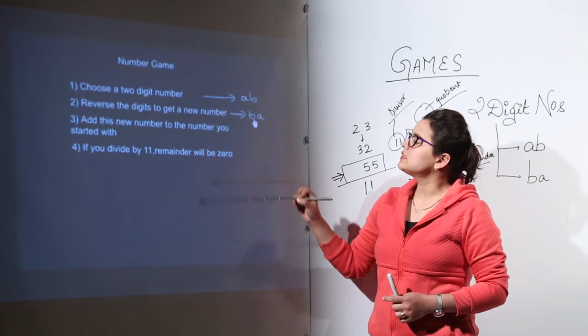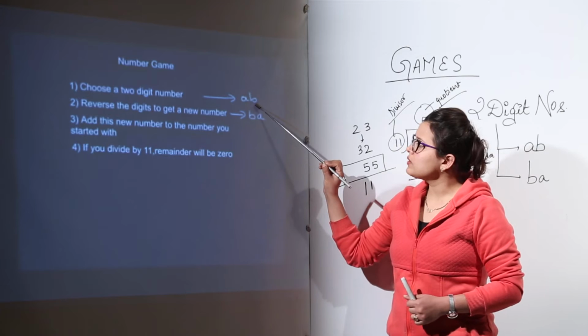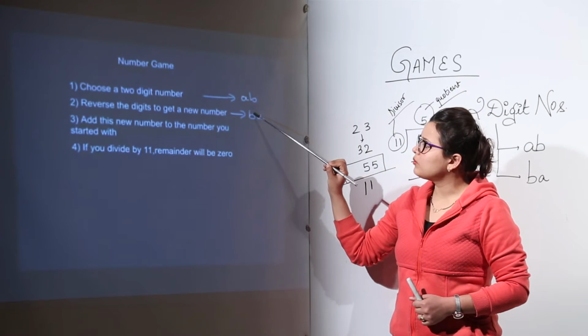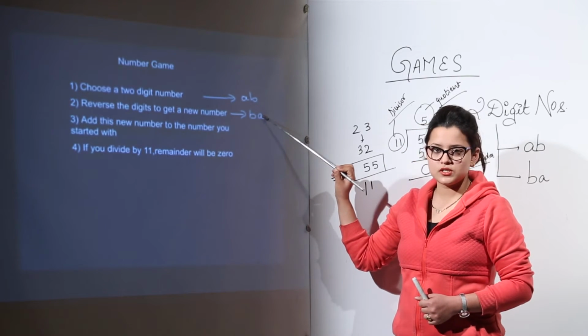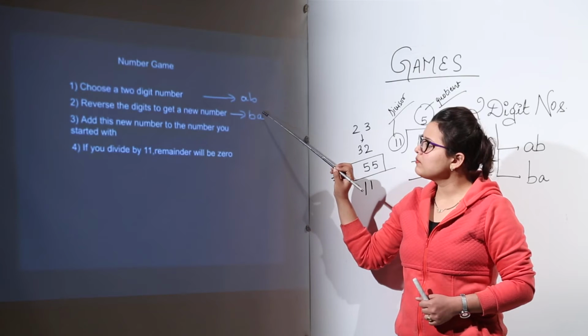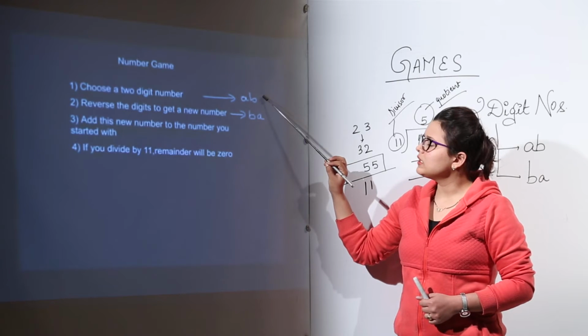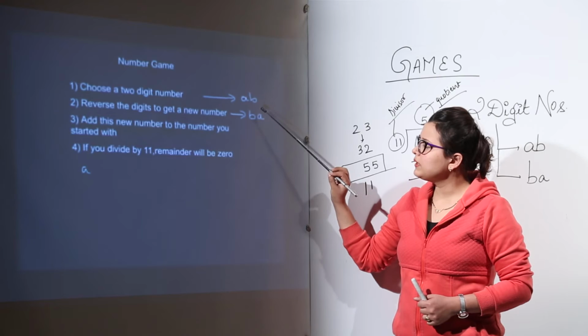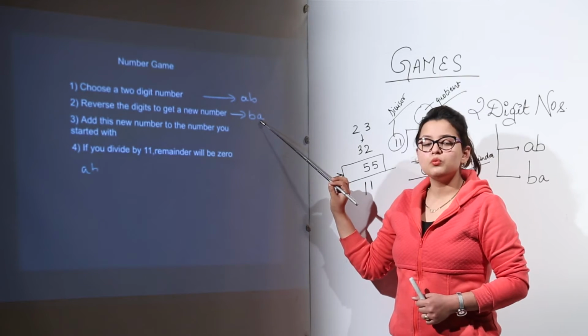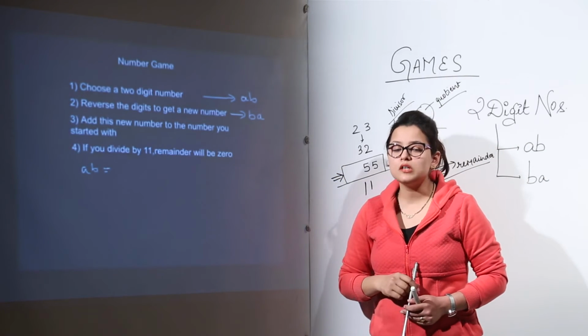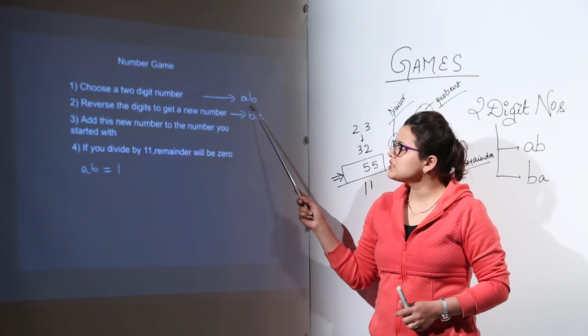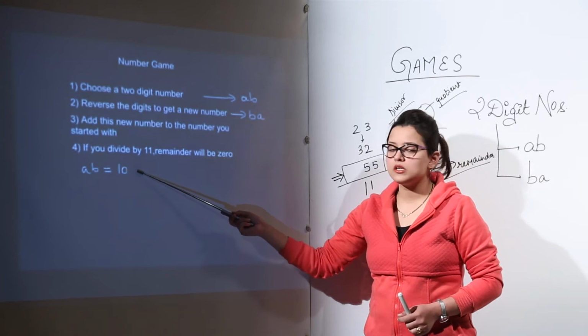After this, the third step is you are going to add this number with the reversed digits number. If you add them both, you would get the digit AB plus BA. But we know one thing, as we have learned earlier, that any 2-digit number can be represented in the general form.